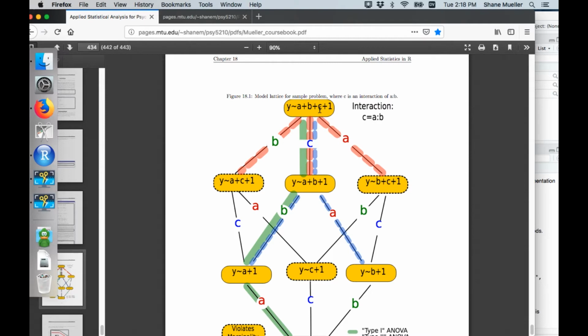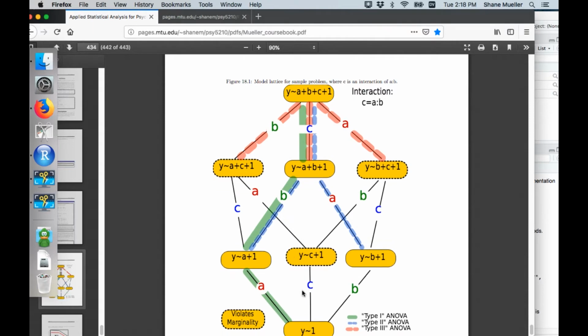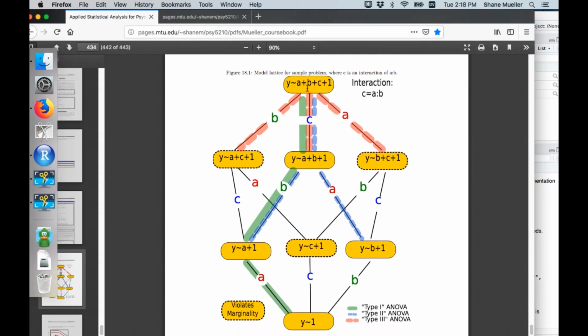And a normal ANOVA model using the lowercase anova built into R will report sets of sums of squares that look like this green line. So if you say A plus B plus C, we'll first compare A to the intercept only model, and then B to the A model, or A and B in the intercept to the A and intercept model.